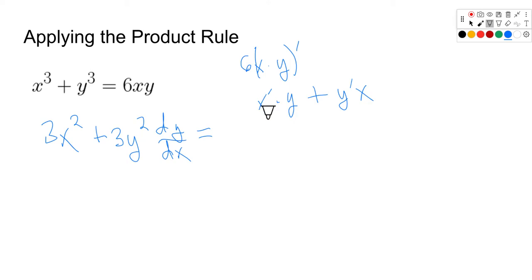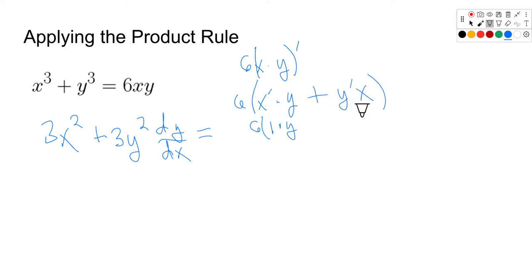So when I take the derivative of x, what do I get? 1. Yeah, and the 6 is down here too, so we'll just kind of put it on the outside. So derivative of just x, 1 comes down, 1 minus 1 is 0, so that's just 1. So we've got 1 times y, right? And the 6 is out here.